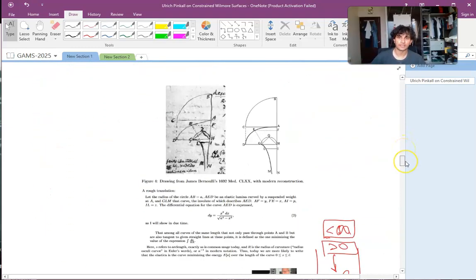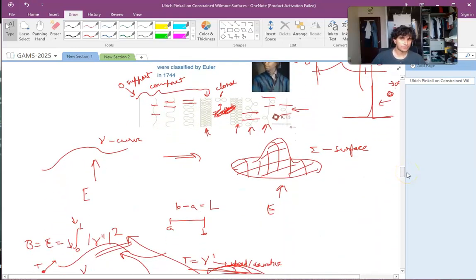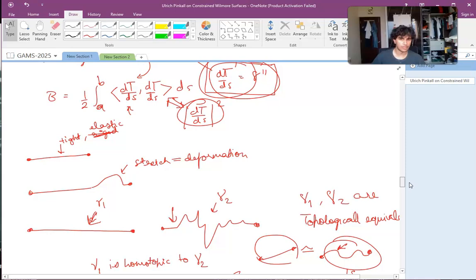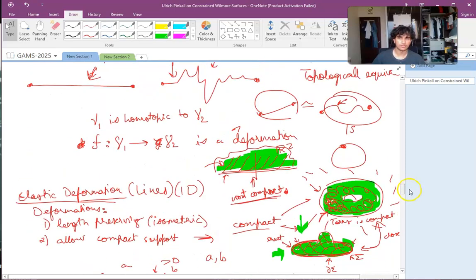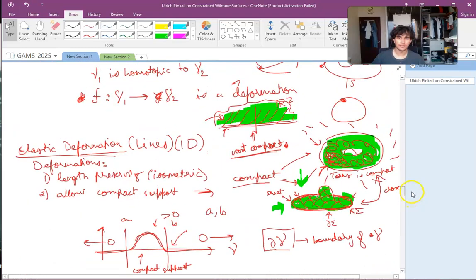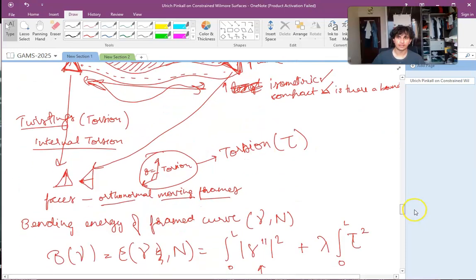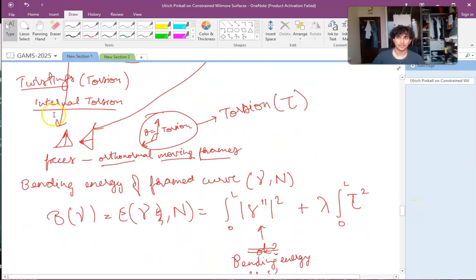I can probably cover that again if that doesn't make sense. The compact support also feels clear. I don't really want to explore that anymore. Homotopic, yes, that I understand. Framed curves, I understand. Yes, so I want to understand internal torsion.